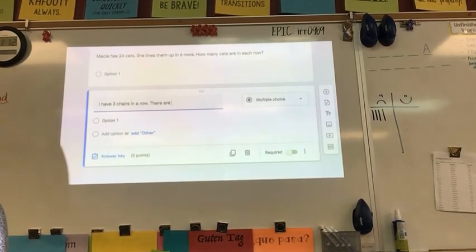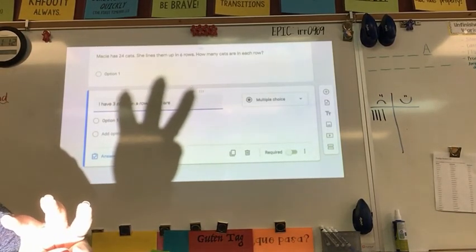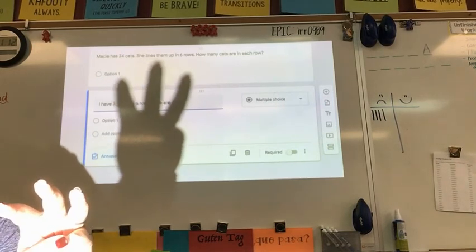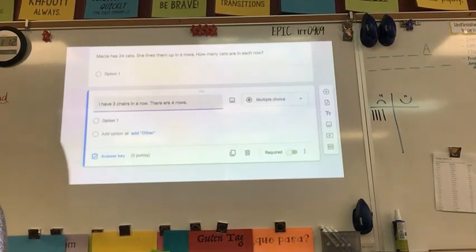I have 3 chairs in a row. If there's 3 in a row, then that means you've got 3 columns, right? Because they're going across. But maybe you could say, how many rows do you want? 4 rows. So I'm going to say I have 3 chairs in each row.